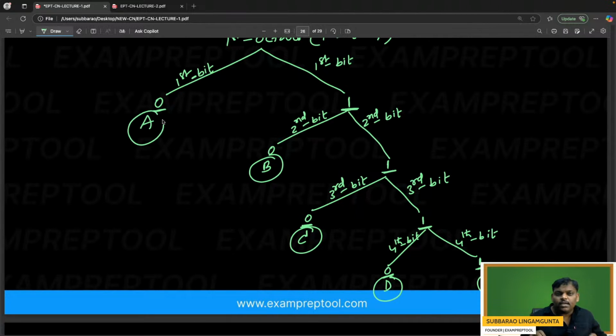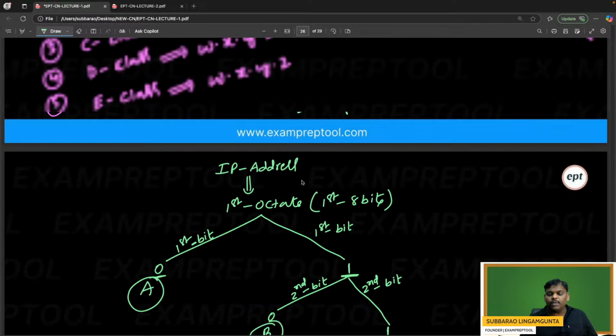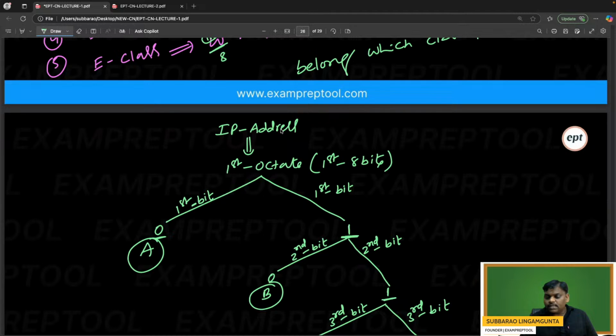Simply by seeing the prefix, you can decide which class the IP address belongs to. If you want to decide the class of an IP address, you need not see W.X.Y.Z, the remaining part.